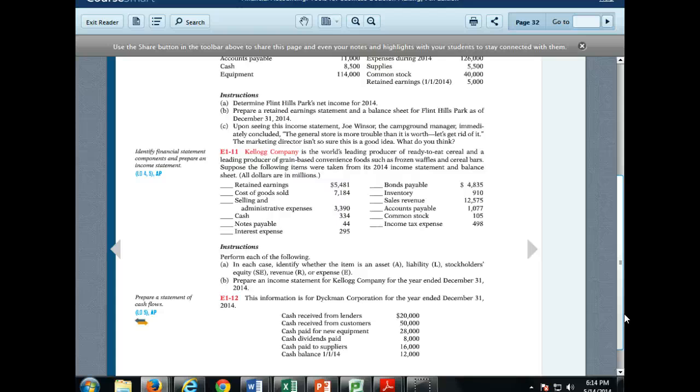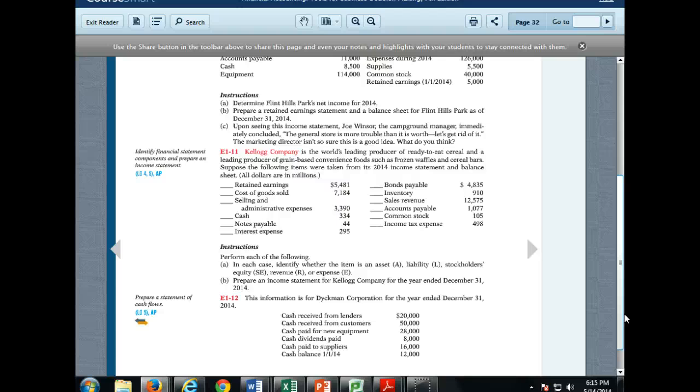What's the next one? Cost of goods sold. Expense. What about selling and administrative expense? Cash. Asset. Cash. An asset is what? Something you own that will give you a future benefit.